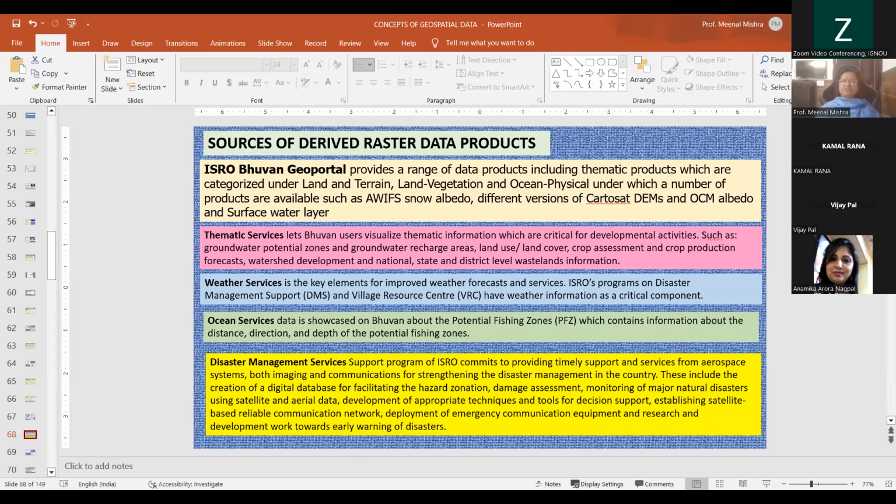And there are other services also like HUMID, that is hydrological unit model, and then time lapse. One can have time series visualization of geospatial data. So that is also there, which you can go through.